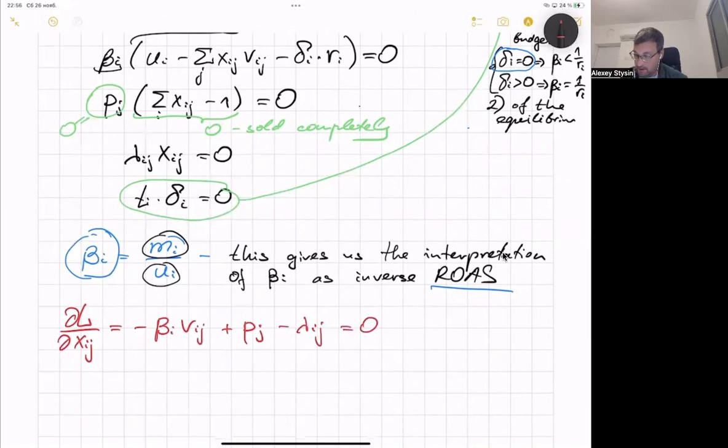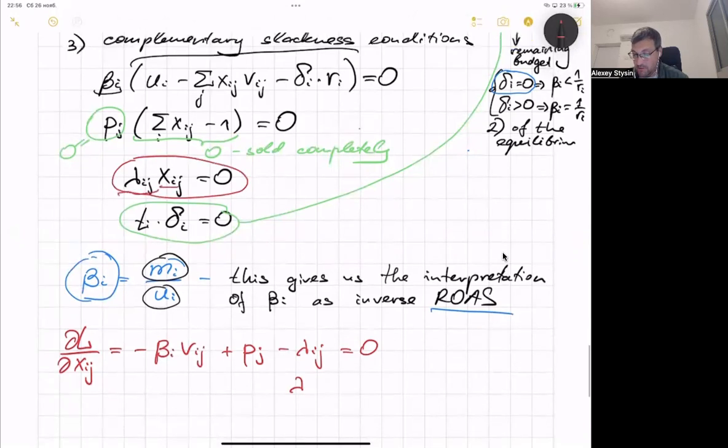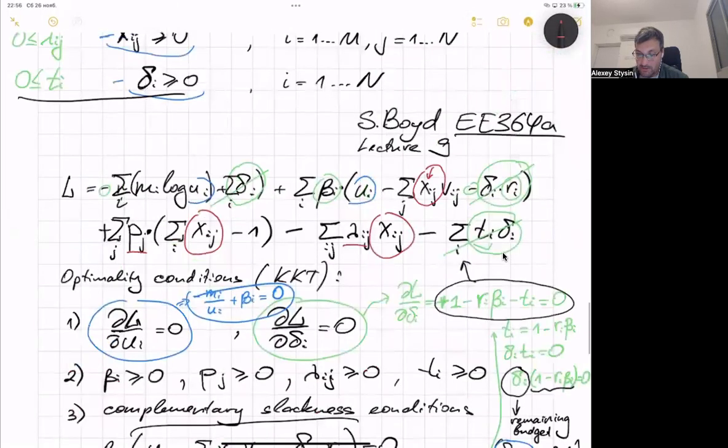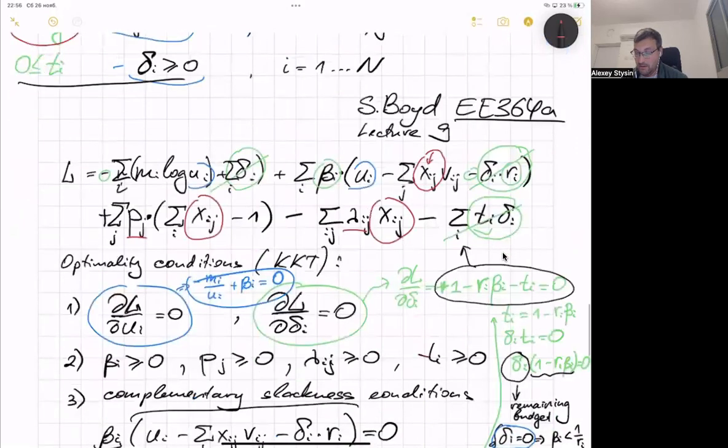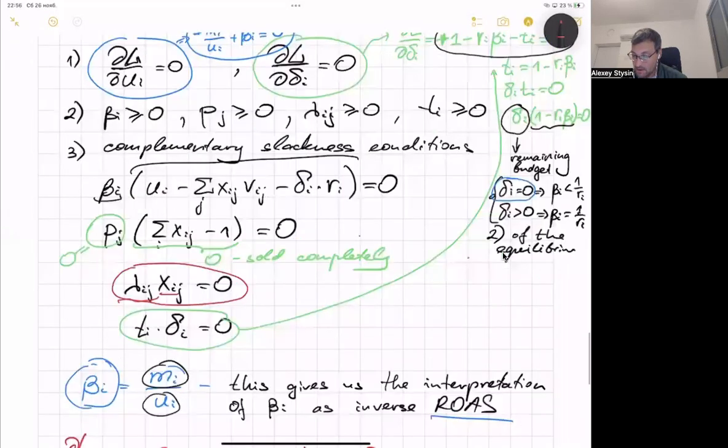But also remember that by the complementary slackness condition, it's either xij equals 0 or lambda ij equals 0, and also the primal condition that lambda ij is larger than 0.